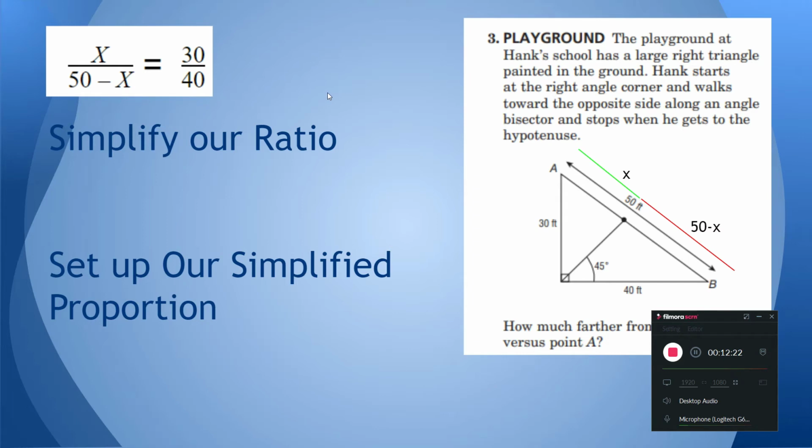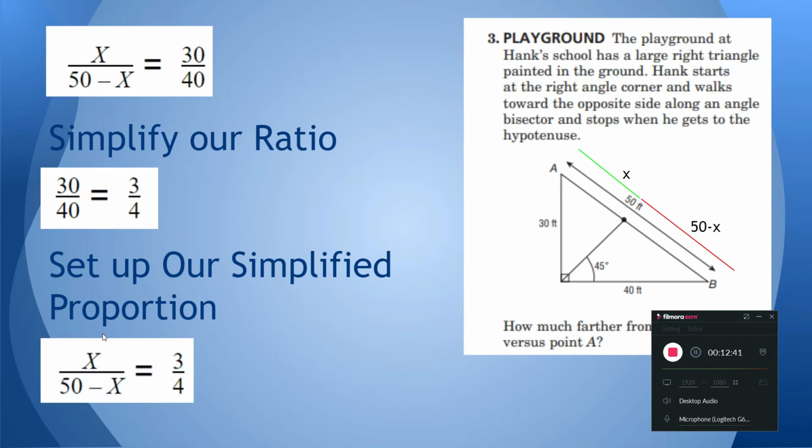But we can actually simplify this. 30 over 40 can be reduced down, so we simplify it. 30 over 40 can actually be written out as 3 over 4. So let's go ahead and do that and then set up our new proportion. Our simplified proportion would be X over 50 minus X equals 3 over 4.